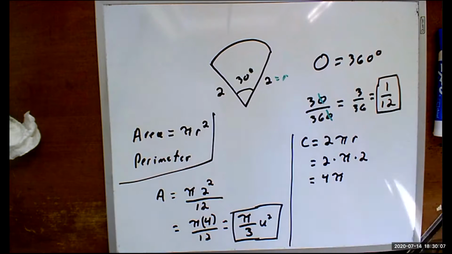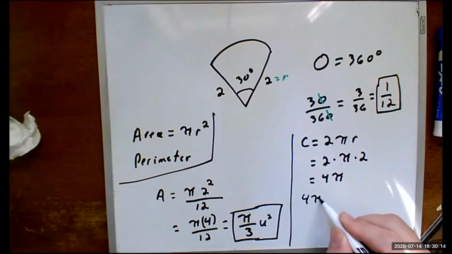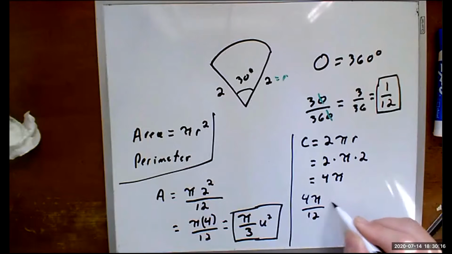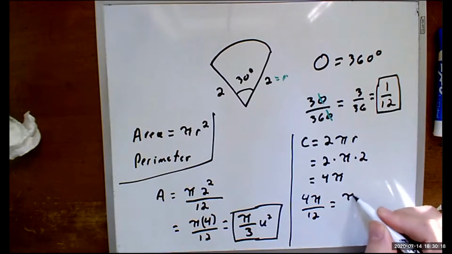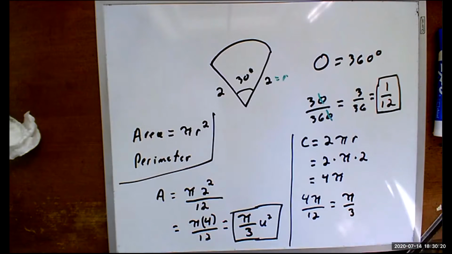We want 1/12 of that. So we're going to take our 4 pi and divide it by 12. Interestingly, it gives us exactly what we had in terms of our area, which is pi over 3, but it's not square units anymore, it's just units.